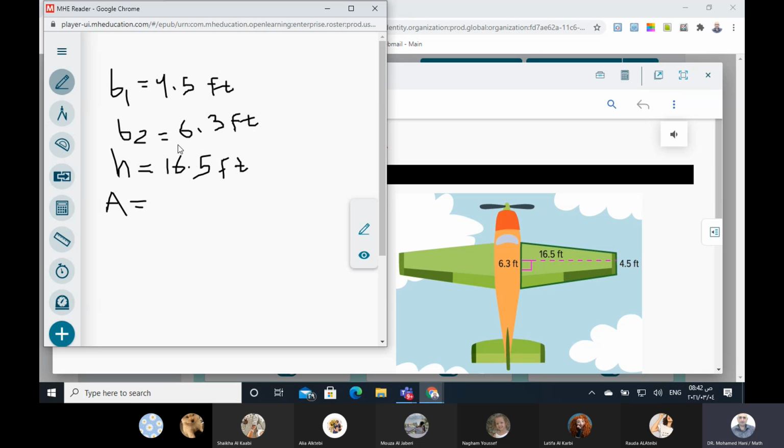This is the information here. Start from the formula: P1 plus P2, divided by 2, times the height.